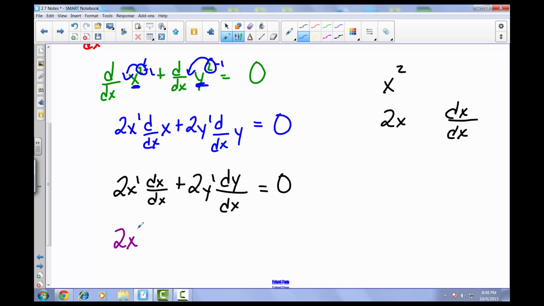So we end up with 2x to the first times 1 plus 2y to the first dy dx, and that's still equal to 0. The reason why I wanted to show that with the x squared is so that you can see that it does in fact transfer through, and it transfers over really well in finding exactly why the dy over dx actually works. So believe it or not, these are in fact chain rules happening behind the scenes.